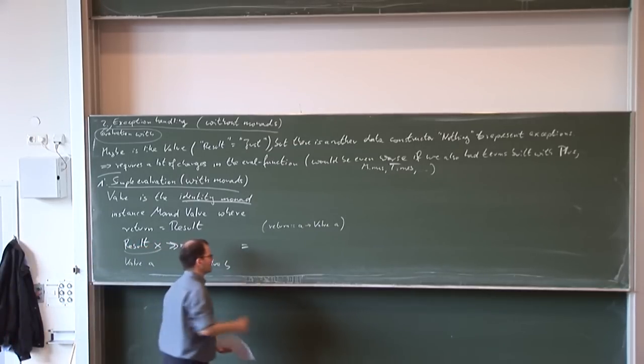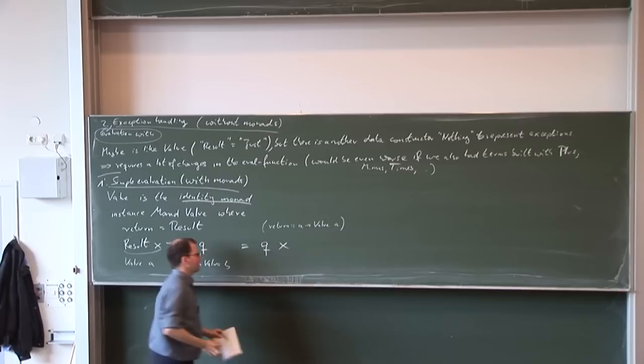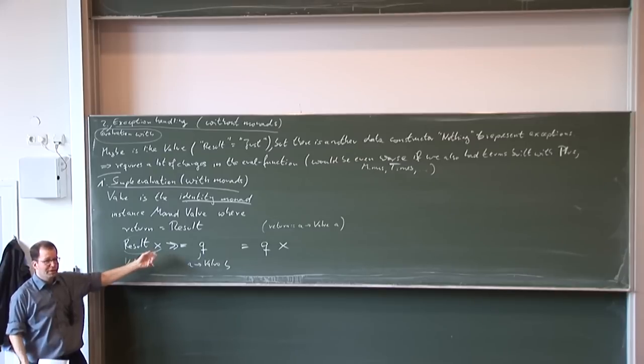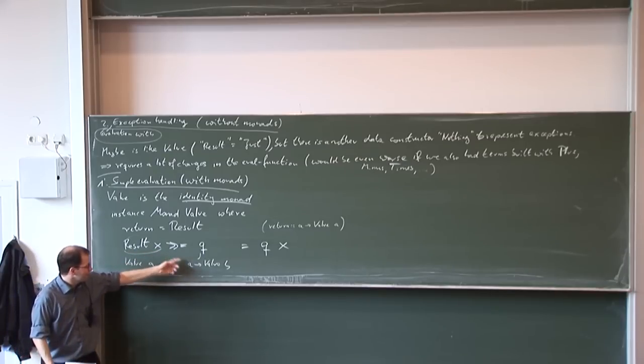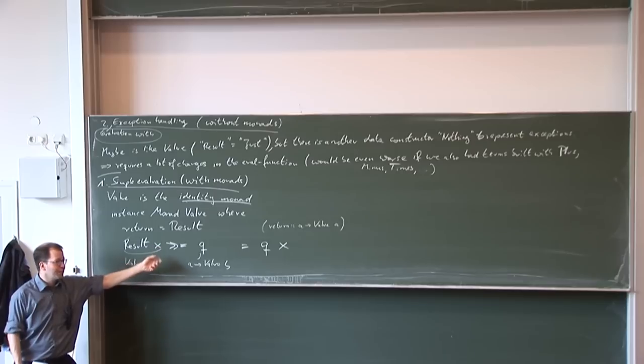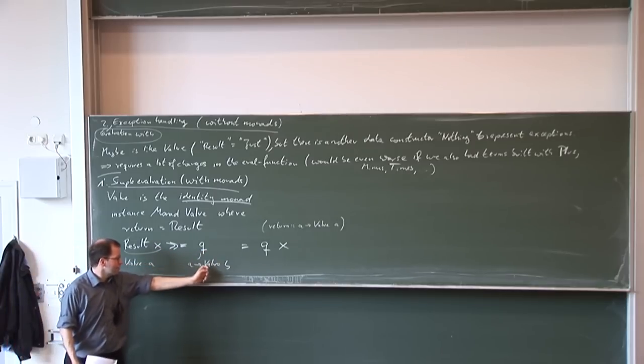So how to define it is the following way. It should simply be: take this function and apply it to the encapsulated value. That's the idea. We want to make sure that bind really extracts this encapsulated object here and then puts it into this value over here.